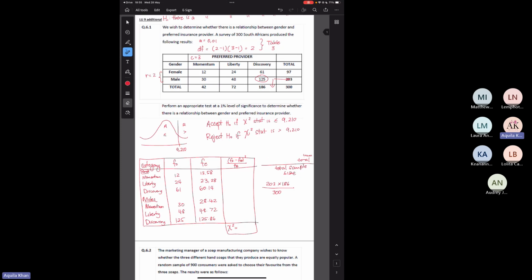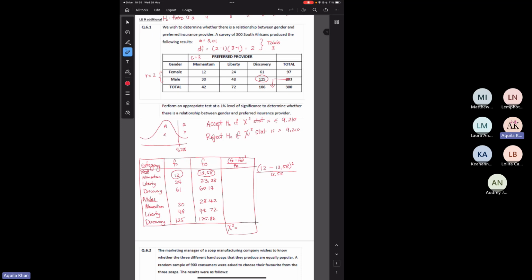Okay, so it's always the row total multiplied by the column total, and then divided by your sample size. Now for the last column, you're doing exactly what you see written in the heading of that column. You're taking the observed frequency. So for example, it's 12 minus its respective FE, 13.58, squared, and then over the FE, which is 13.58.